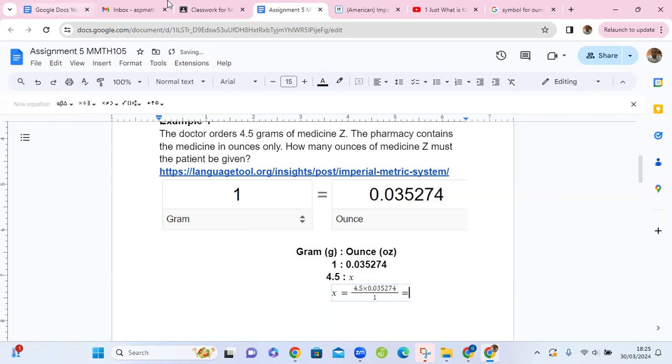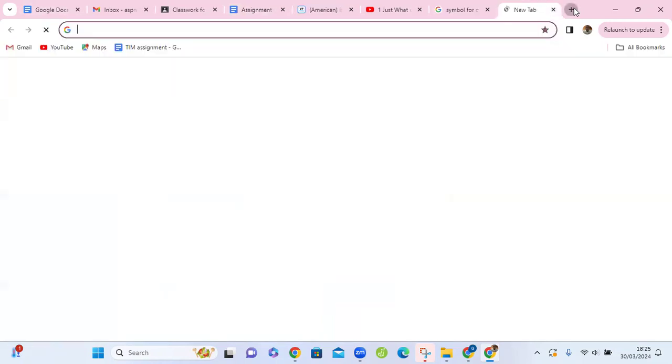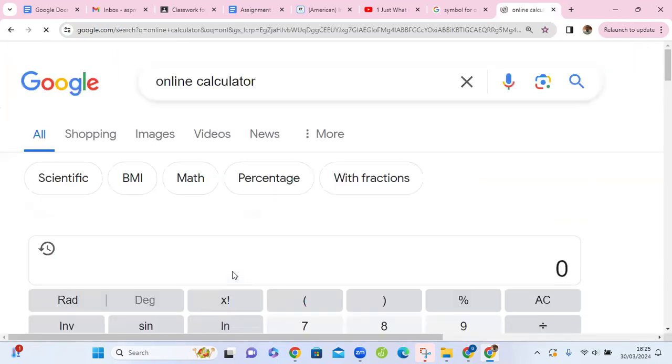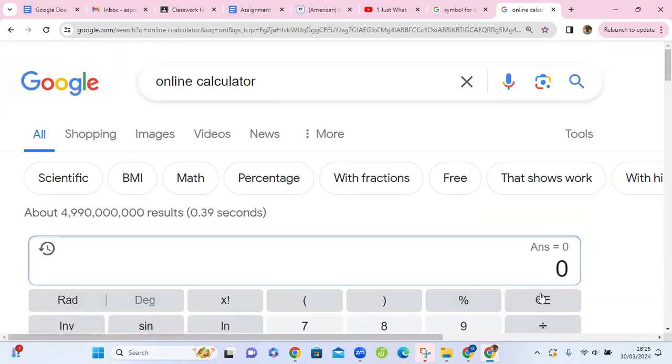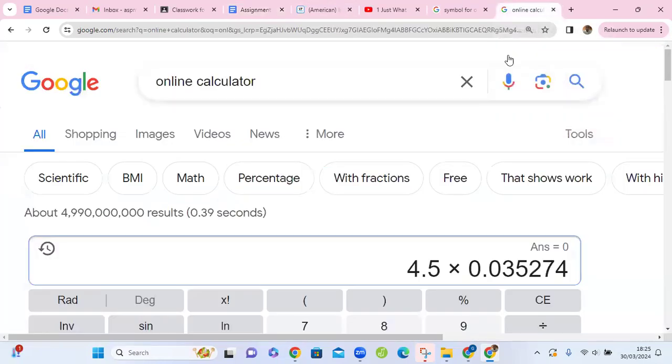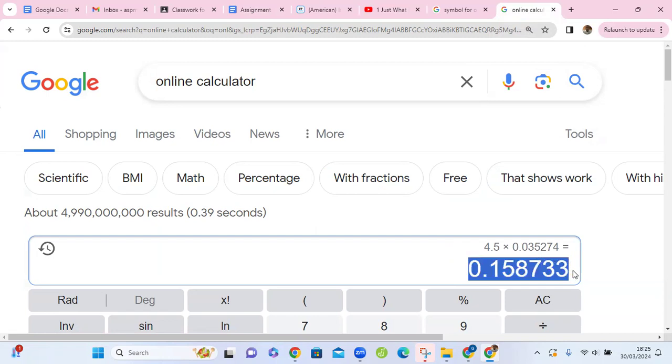We can use our online calculator to do that. So 4.5 times 0.035274, let me verify, 0.035274, and that will give us 0.158733.